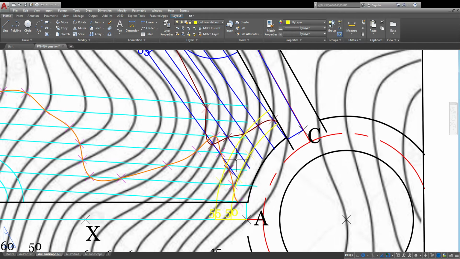So all of here is going to be cut. So if I just draw in a spline here now, I can work from here out through the first 50, through the second 50, back to that point which I know is at 45.